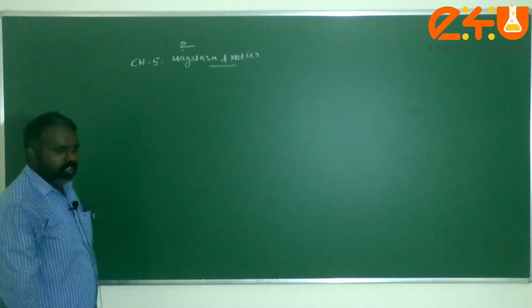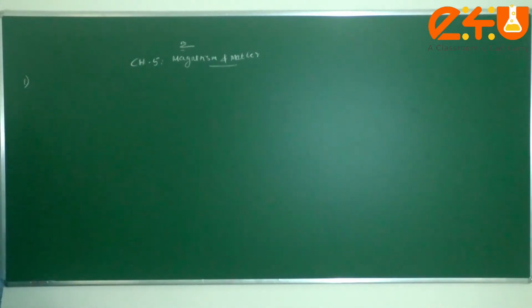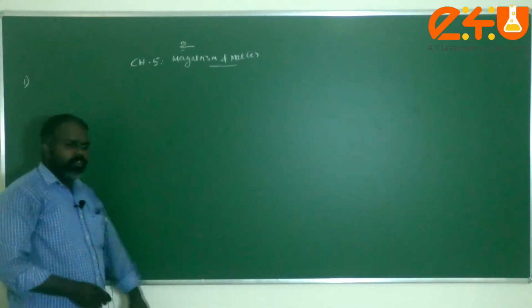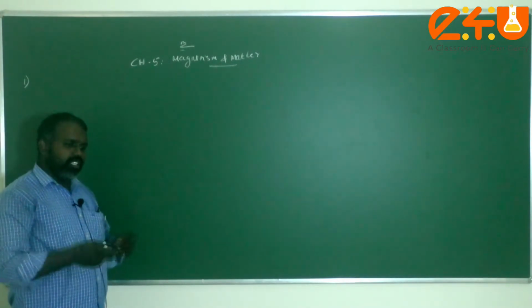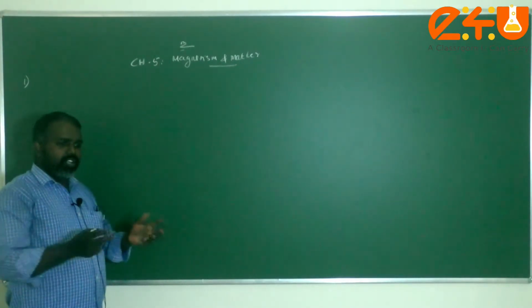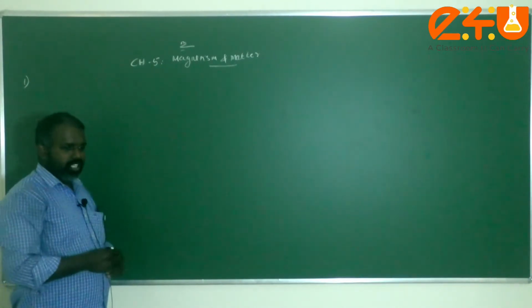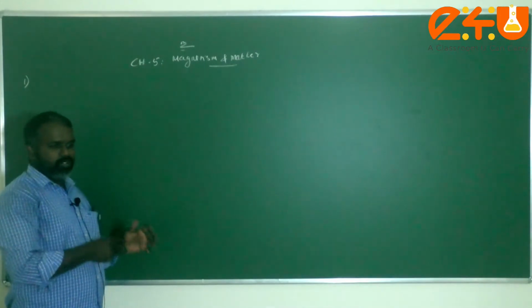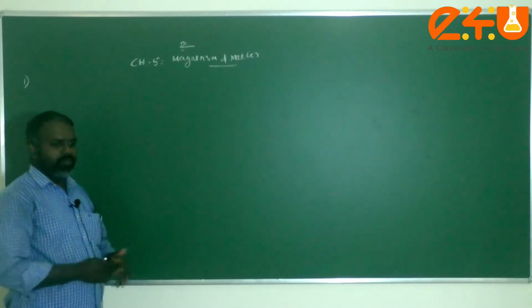In this, the first thing we are going to discuss is the properties of magnetic field lines. You know that there is a strong correlation between electrostatics and magnetostatics. So if you are good in electrostatics, then you can easily understand this topic by just making a comparison.